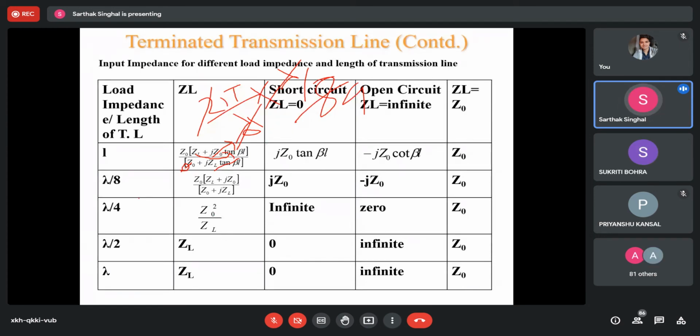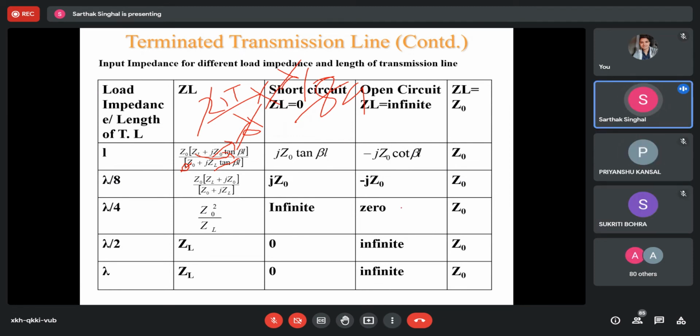If you replace L with lambda by 4, you will be left with tan(pi by 2), which equals infinity. So in the numerator you will be left with Z0 square upon j ZL. So it will give you Z0 square by ZL, right?